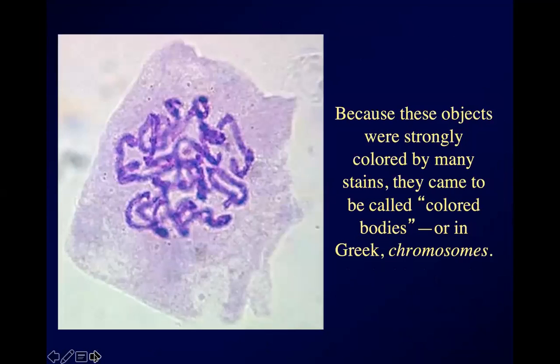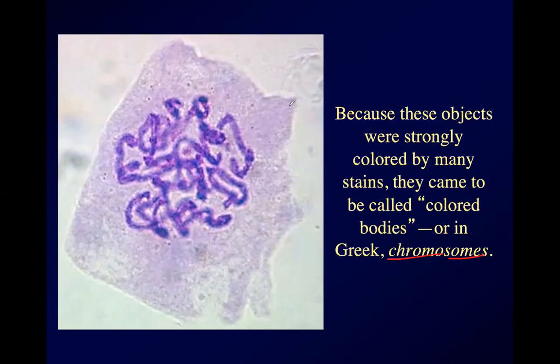Now, we can't go around calling these stringy bitskies because that just doesn't sound properly scientific, so we call them chromosomes. Chroma is Greek for colored, and soma is Greek for body. They're called chromosomes not because they're colorful on their own, but because many of those stains we were talking about, these chemicals that color things, stained the chromosomes especially strongly.